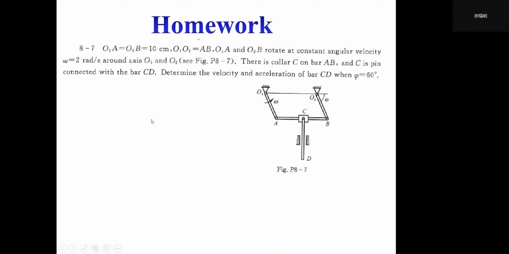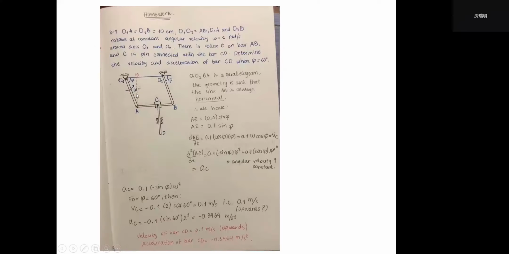But I should say this method is very clever, so all of us can look at this method first. Then I will show you how to use our method to find the same answer.